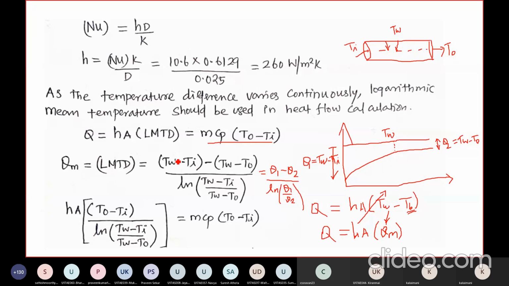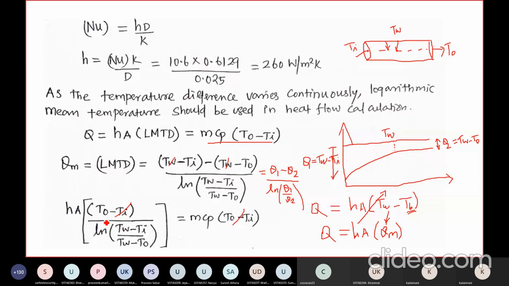So this Tw will be cancelled. Then we get (To minus Ti) ln of (Tw minus Ti) divided by (Tw minus To) equal to mCp (To minus Ti). In this equation the To minus Ti will be cancelled.